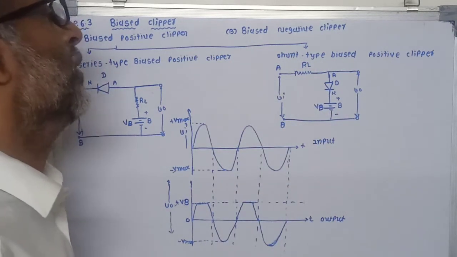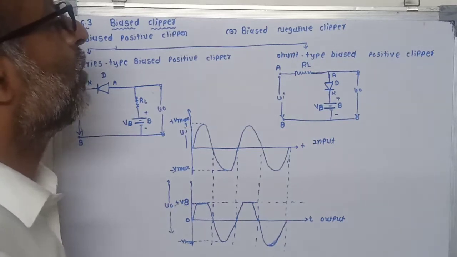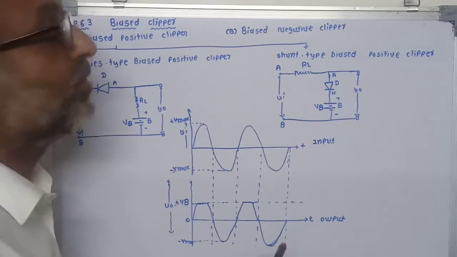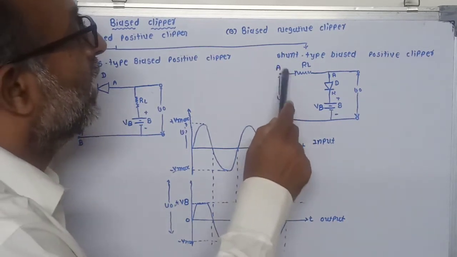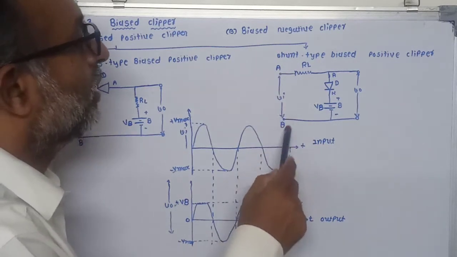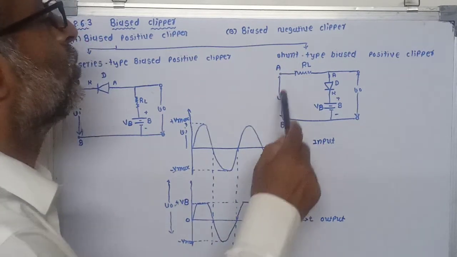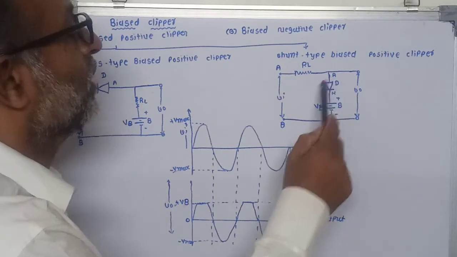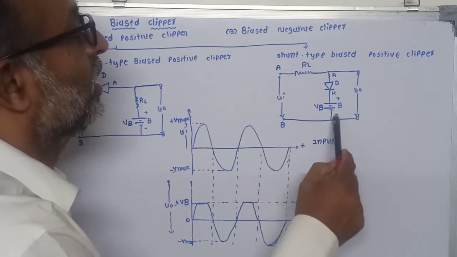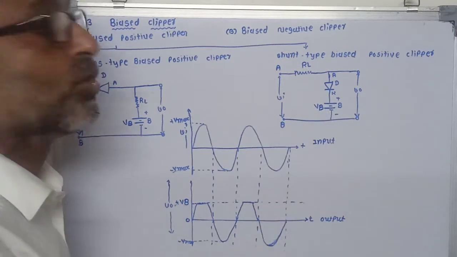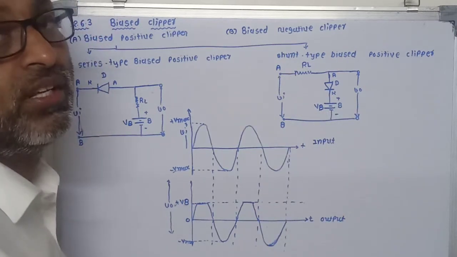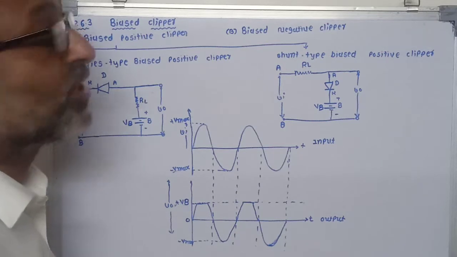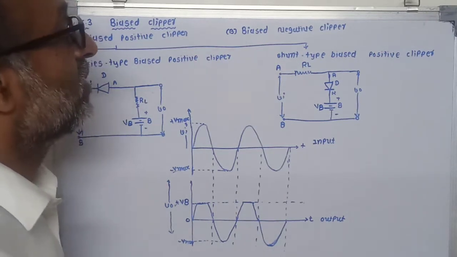Now during the positive half cycle of the input, terminal A is positive and terminal B is negative. So now in this case, the positive terminal is connected to the diode and the negative terminal of this input voltage is connected to the cathode. So the diode is in forward condition. That means it acts as a closed circuit.